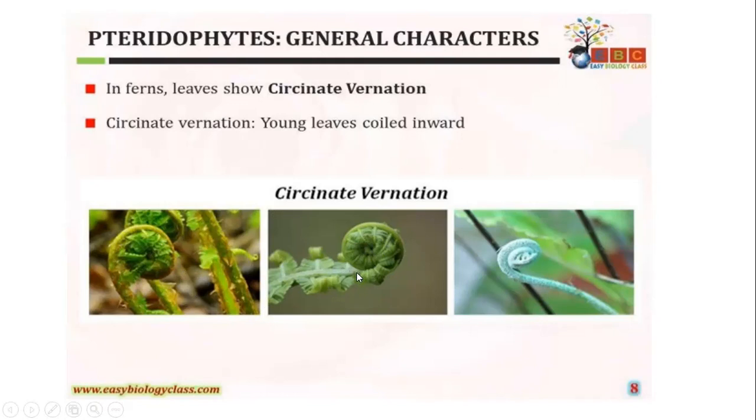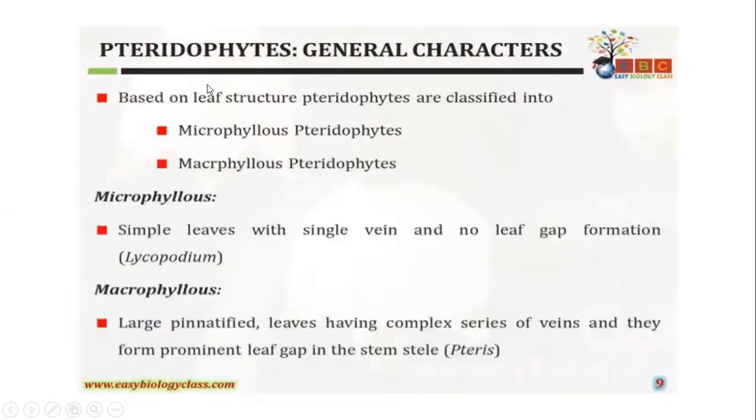And one more important point is that these leaves have growing tips, growing apices. To protect those also, they are circinately vernated. So this is called circinate vernation, the coiling of the leaves inward.